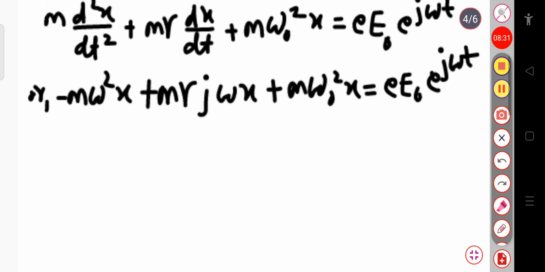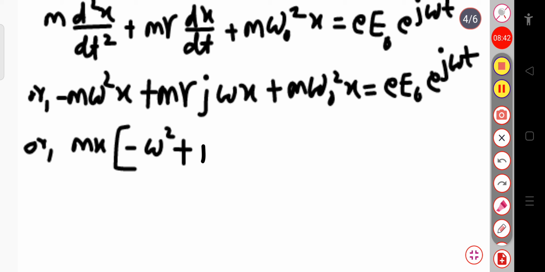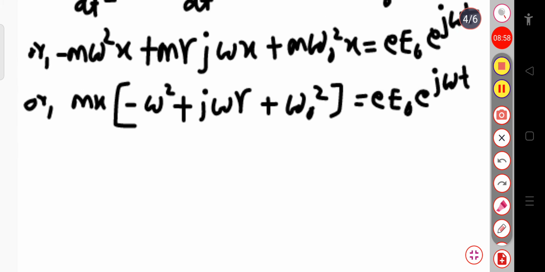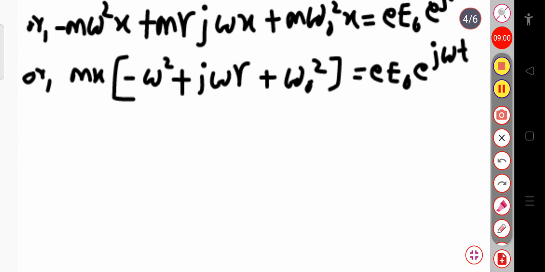Now if I take common mx, then for the first term this will be minus omega square, for the second term this will be j omega and gamma, for the third term this will be plus omega naught square, and that will be equal to e E naught exponential j omega t. Okay. Now what I will do, I will calculate the value of x.